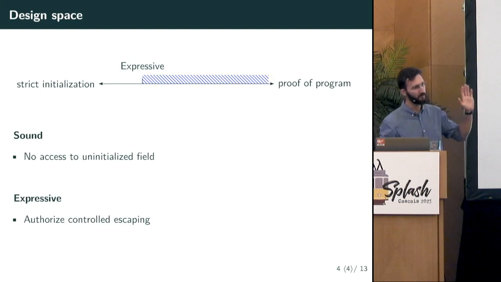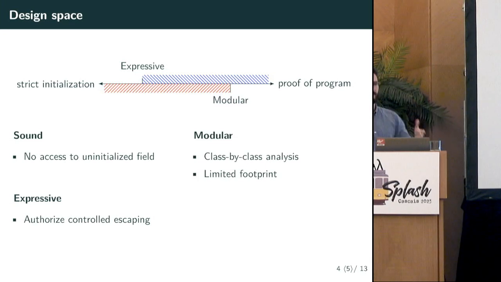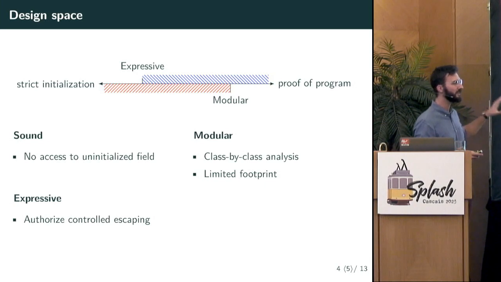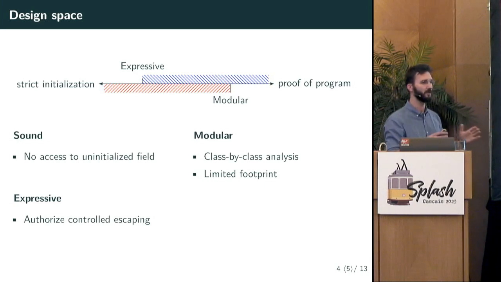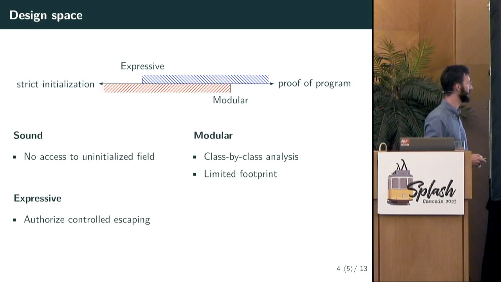But at the same time, we want a system that's modular, which means that we want a class-by-class analysis, and if possible, we want a limited footprint, which means that if the code does not do crazy initialization stuff, the initialization checks should not invade all of the rest of the code. It should be of limited footprint.